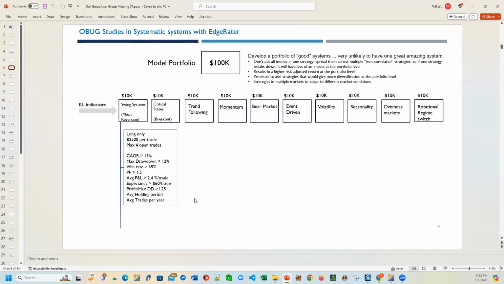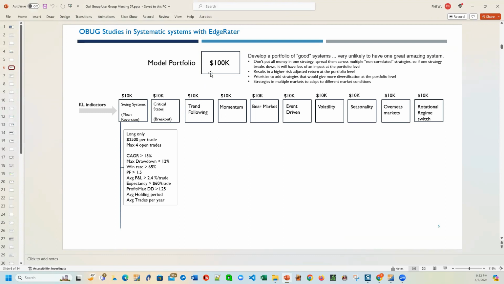We can adjust it, but it assumes we have $100,000 available to trade, and that we have 10 systems. We have a swing system, a breakout system, the sniper radar, the Godzillas and all those different critical states.